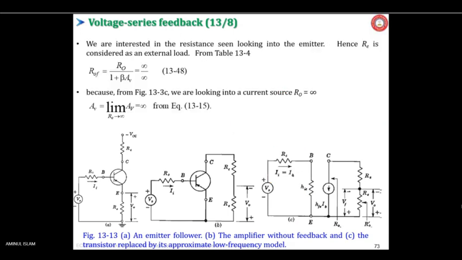Understood? Yes, understood. And output resistance ROF equals Ro by 1 plus beta Ab, which is actually indeterminate, infinity by infinity. In limit we can write Ab equals this finite.